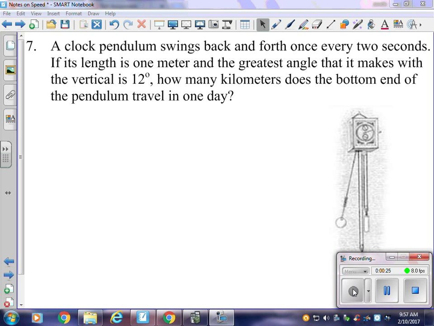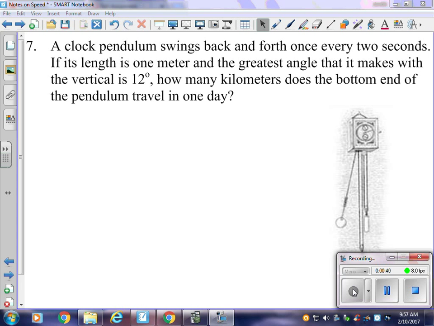So the clock pendulum problem, we kind of looked at this already before, but this one's just going to twist it slightly. If it swings back and forth once every 2 seconds, then it swings out for 1 second, right?